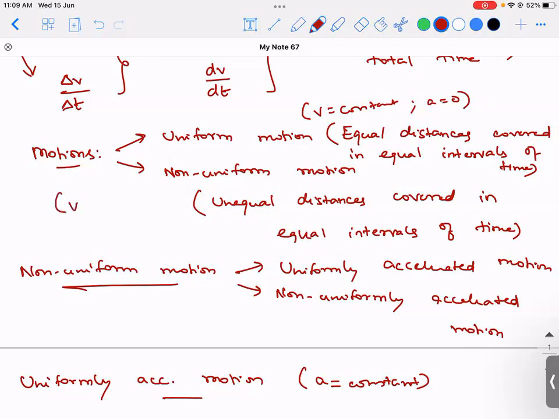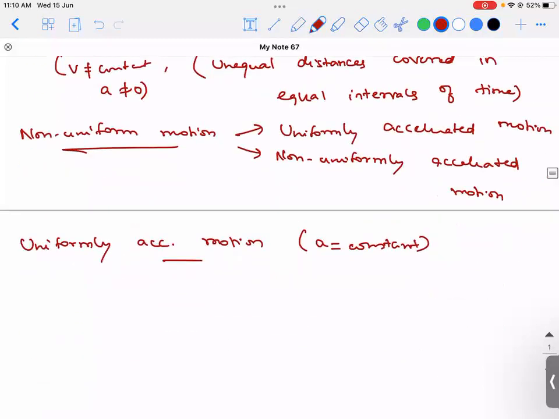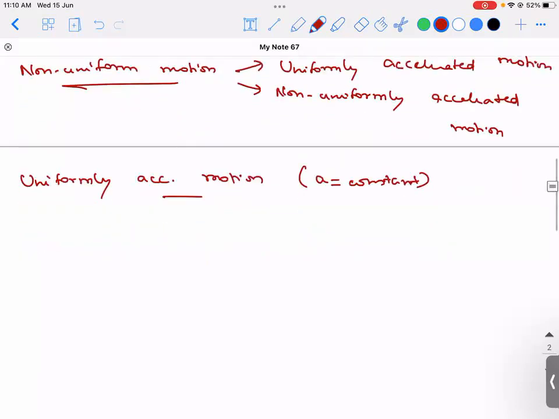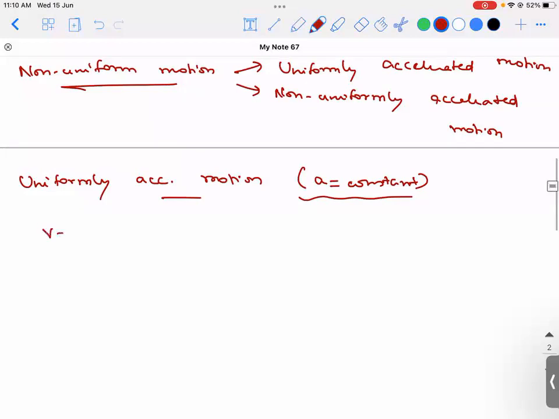In non-uniform motion, velocity is not constant and acceleration is also not equal to 0. So there is a difference between uniform motion and uniformly accelerated motion. When acceleration is constant, you can apply these three equations: v = u + at, s = ut + ½at², and v² − u² = 2as.